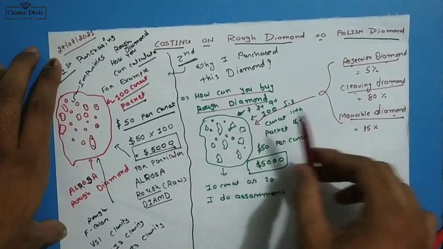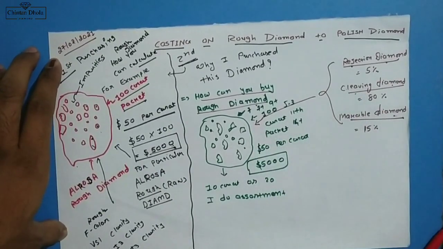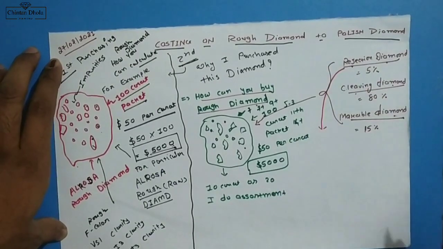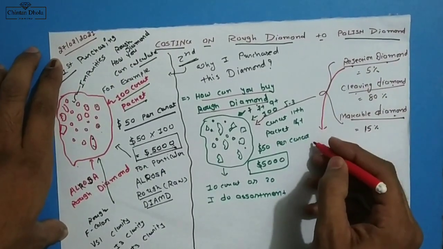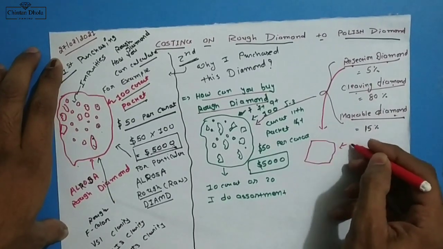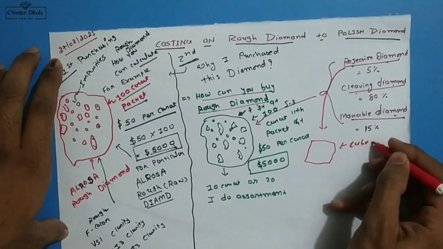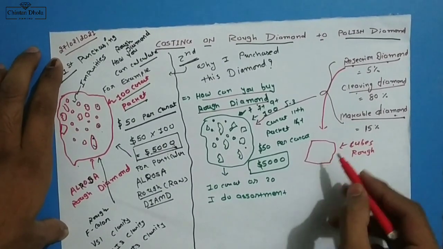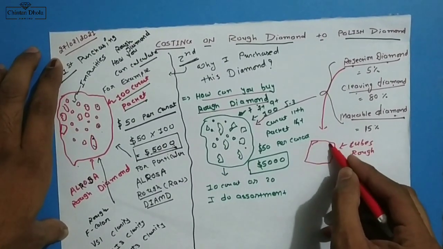Now look at this, we are going deep into this rejection diamond. Now what is the rejection diamond? In rough diamond there are cube rough diamonds. Now these cubes have a lot of impurities.